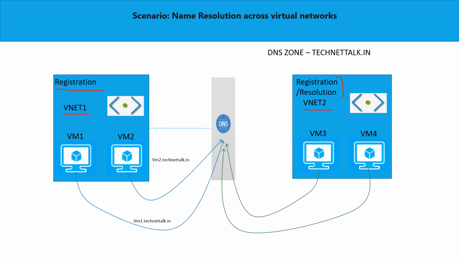So this is VM2.technet.talk.in, and this is going to be VM3.technet.talk.in. These two VNets can then be directly linked with the DNS zone.